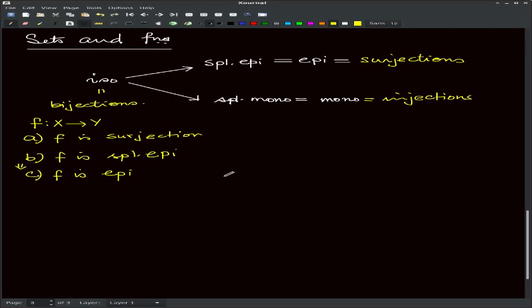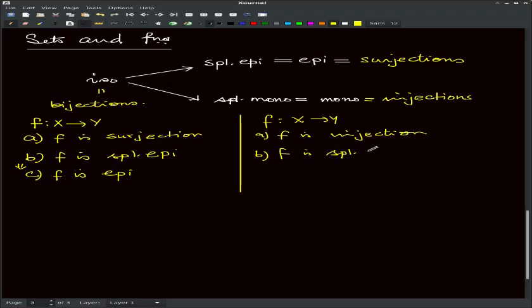And the other way round, F is an injection, F is a split mono, and F is a mono.